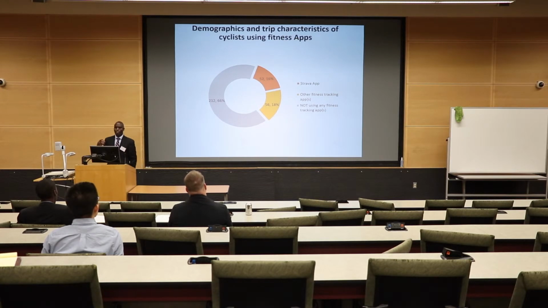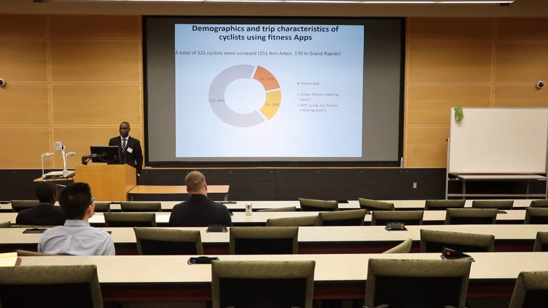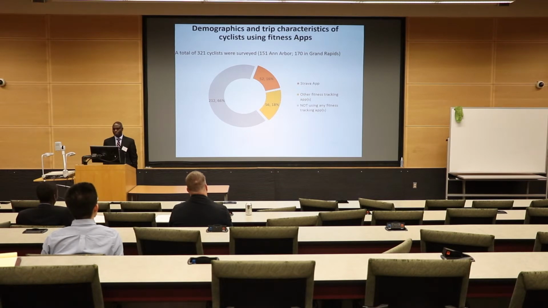So one thing we found was that about 66% of the 321 cyclists that we surveyed were not using any fitness app. 16% were using the Strava fitness app, and 18% were using other apps. There are other apps that people use to track their cycling activities.